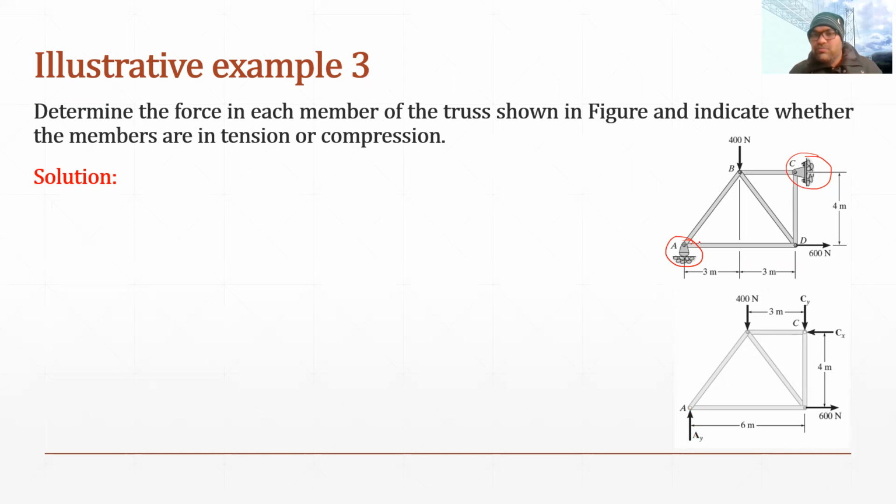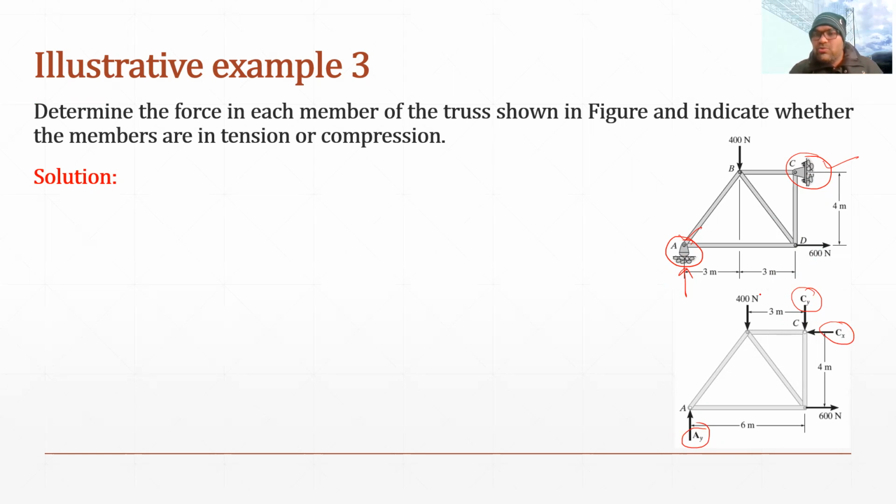As this is a roller, it will offer only one reaction, which we are naming AY. And on the second support there will be two reactions actually, because this is a hinged support. One will be horizontal and the second one will be vertical. The direction of the reaction is arbitrary.